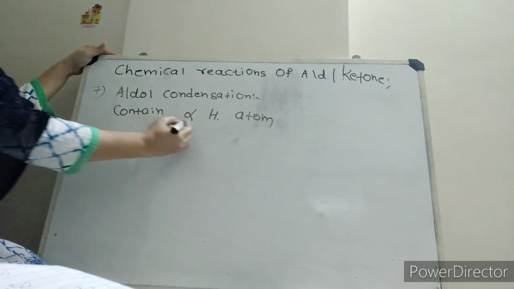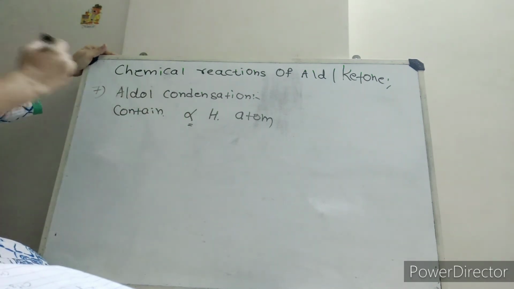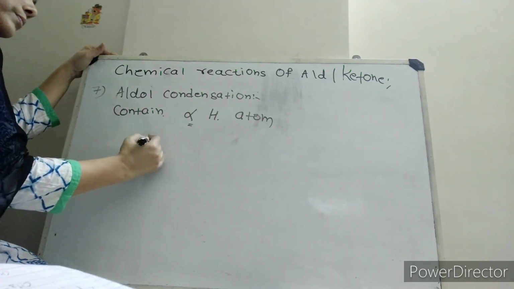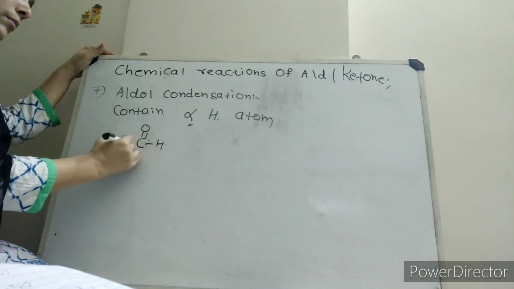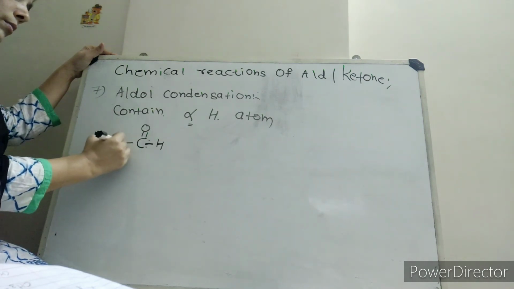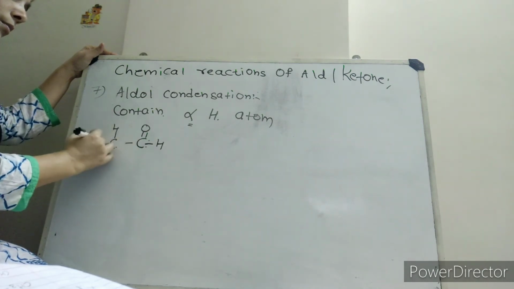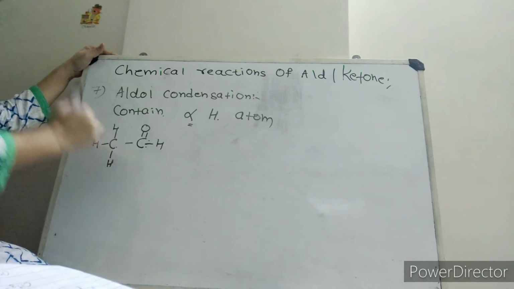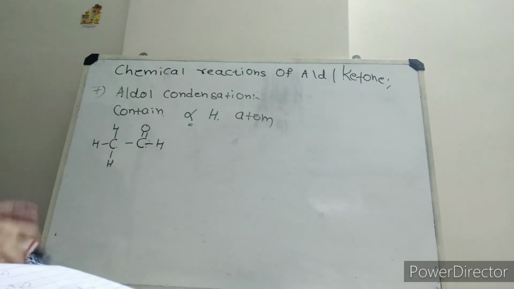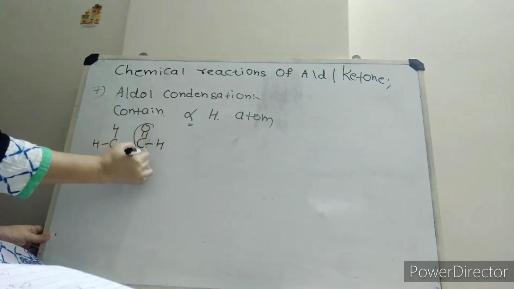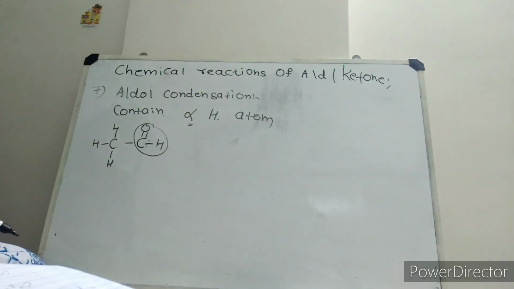So what does alpha hydrogen mean? Suppose I have written acetaldehyde as one example. This C=O, with H, is the functional group.